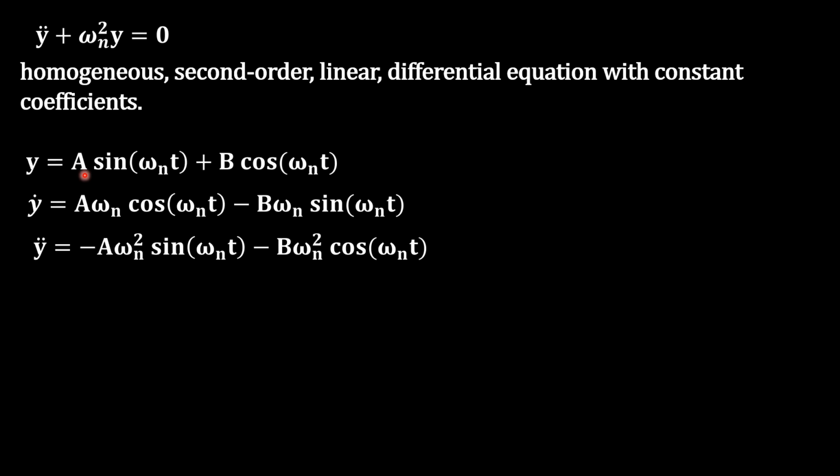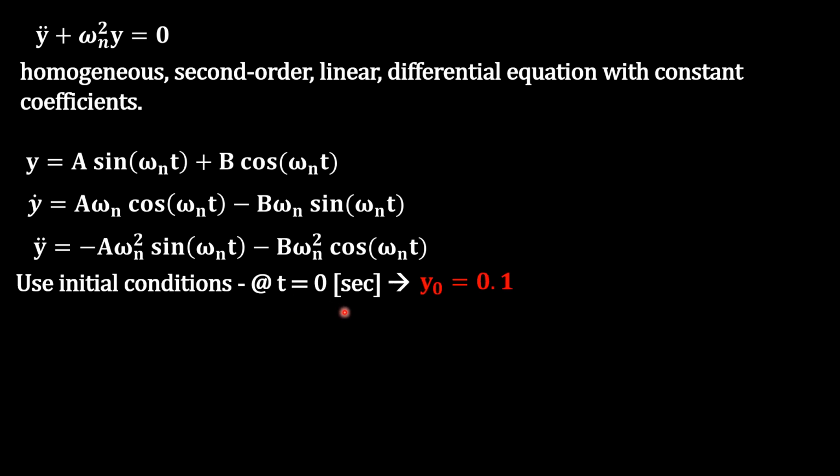Now these two, A and B, we call the integration constants. We can find these A and B values from the initial conditions. So what we will do is use the initial conditions at time equals 0 seconds.